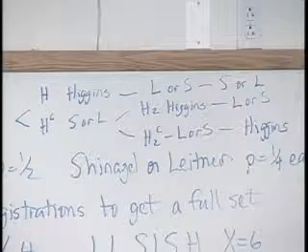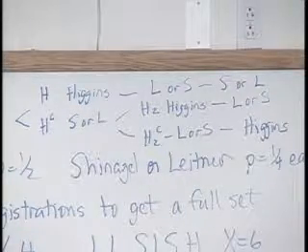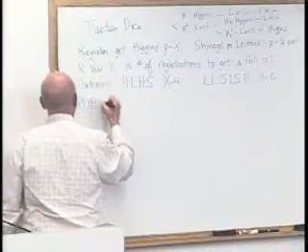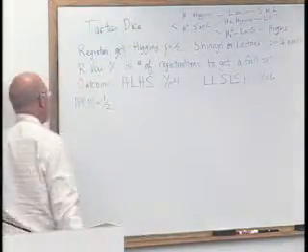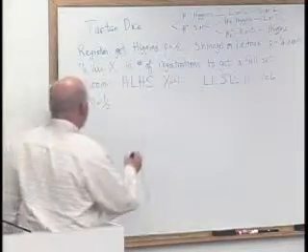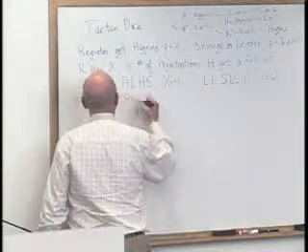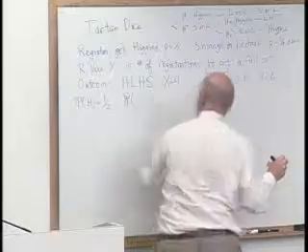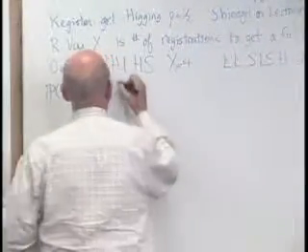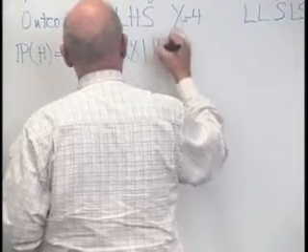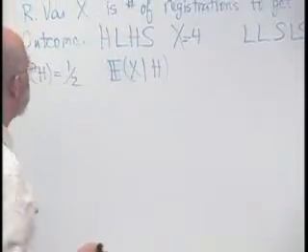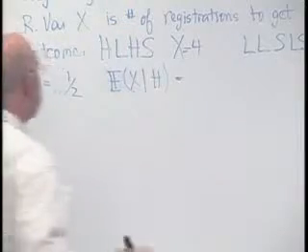The first one is fairly easy. The first one is where you start out with event H. You get a Higgins. The probability of getting a Higgins on the first try is, of course, 1/2. And then the expectation of X conditioned on having got your Higgins is pretty easy.